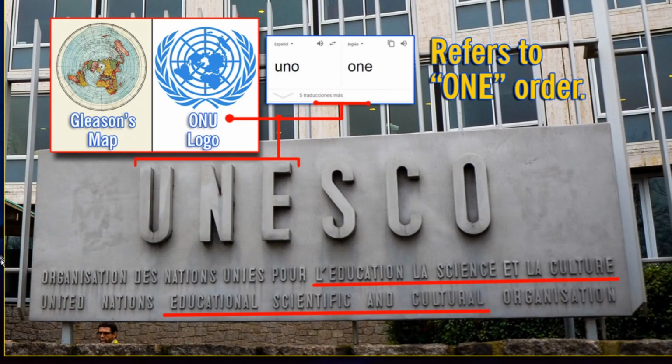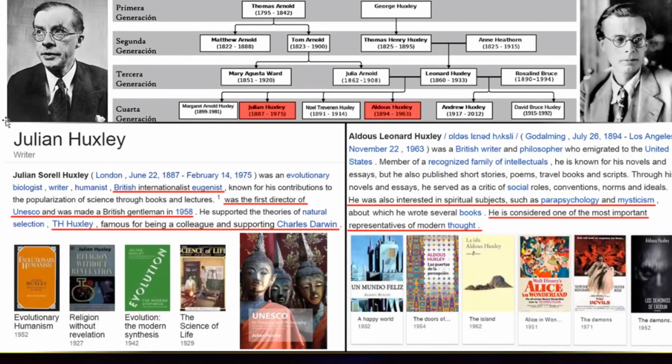So when you go to the first reference, who was the first director of UNESCO, you're going to find that it was Julian Huxley, from the British family of Huxley, an internationalist and eugenist. He was the first director of UNESCO, and he was a British gentleman.